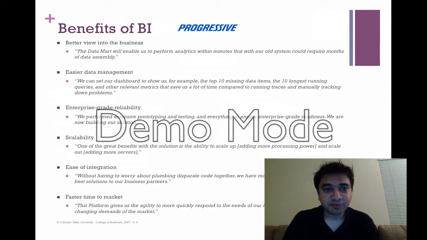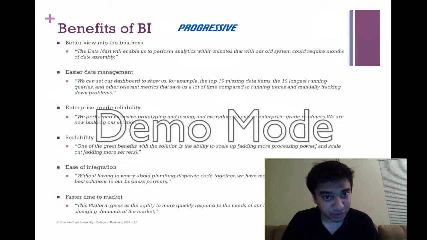For the benefits of BI, let's take a look at how BI has benefited Progressive, and we'll look at it through the voice of the customer. So if you look at the first benefit, better view into business, and this is the voice of the customer. This is what some of the Progressive users have had to say: that the data mart will enable us to perform analytics within minutes, what our old system could require months of data assembly for.